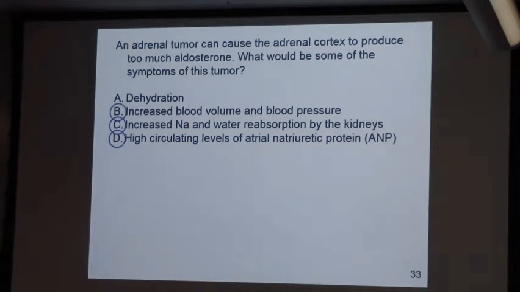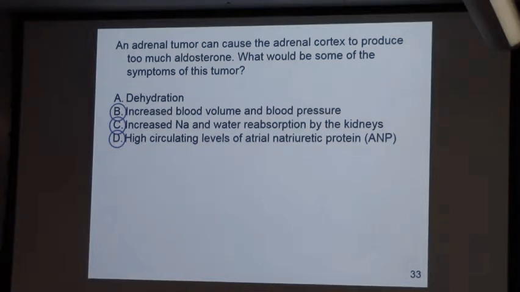Michael? Isn't ANP one of the few mechanisms that lowers blood pressure and volume? Like it expels sodium? It does, right? ANP stands for atrial natriuretic protein, a protein that increases sodium excretion. That might be an attempt by the body to increase sodium excretion when the tumor was increasing sodium reabsorption. So that is a correct way to think about it.